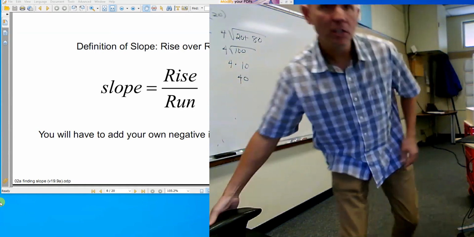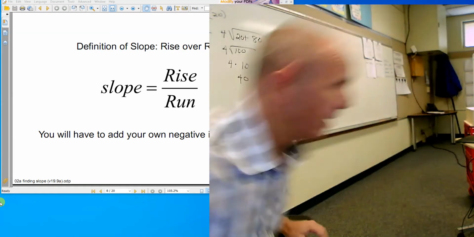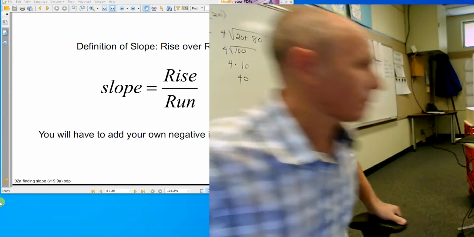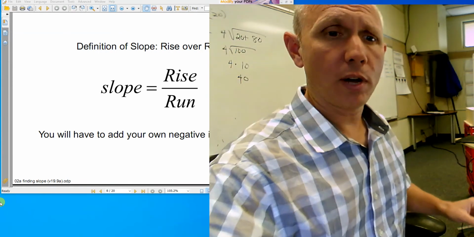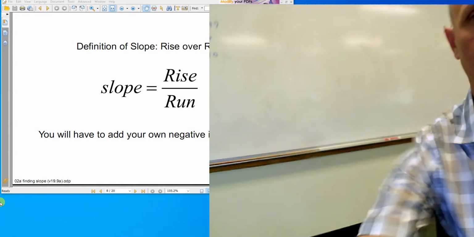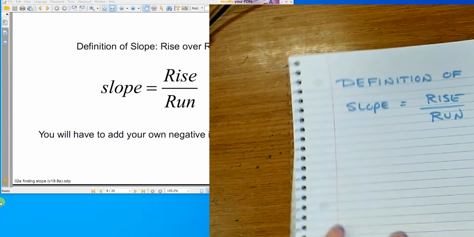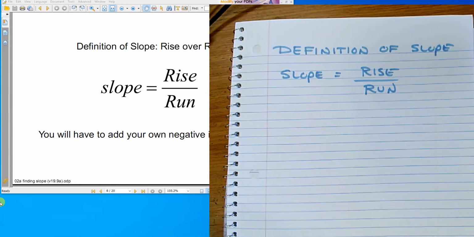That is the definition of slope in a sing-song voice. All right, rise over run. Back to the notes. Definition of slope is rise over run.